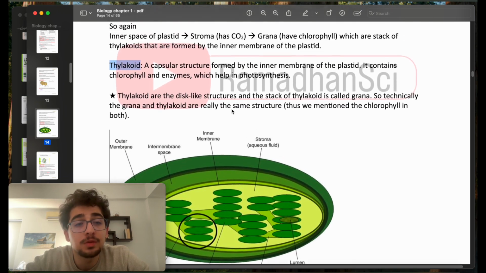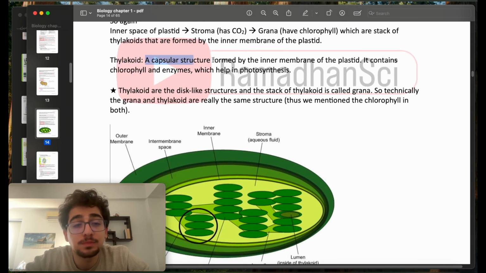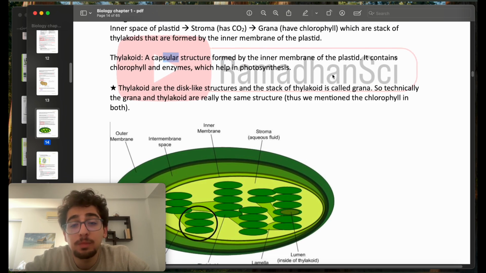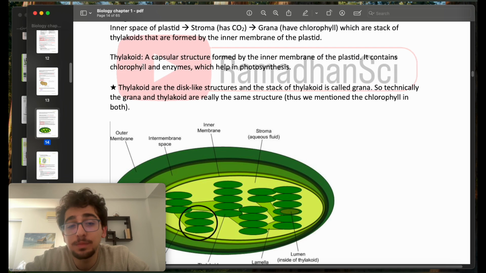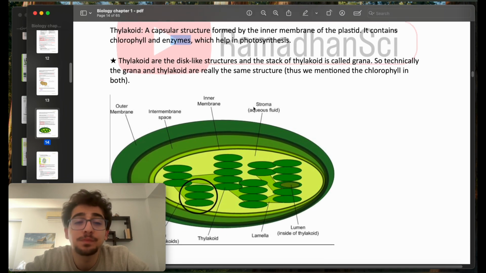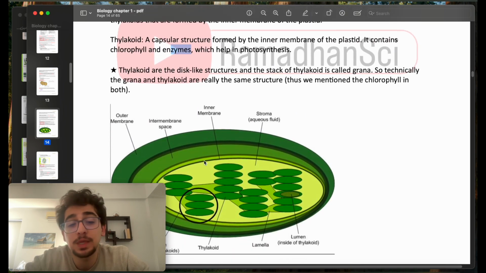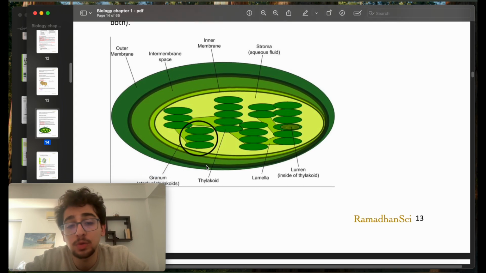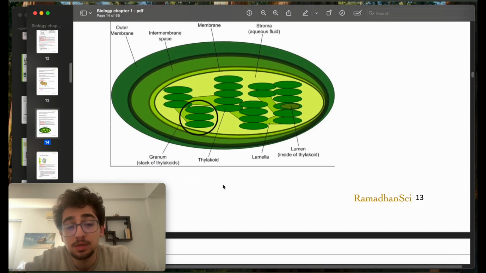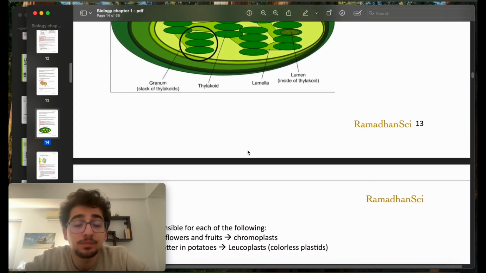It's a very common definition question. You just say that it is a capsular structure formed by the inner membrane of the plastid, containing chlorophyll, the pigment, and enzymes which help in photosynthesis. We can say that the chlorophyll is contained within the thylakoid or within the grana because they are technically the same structure.